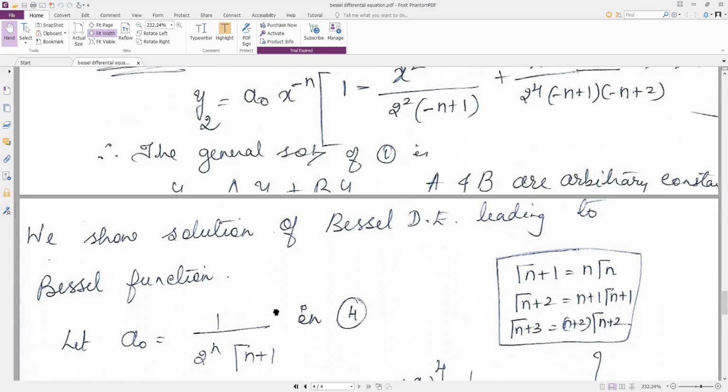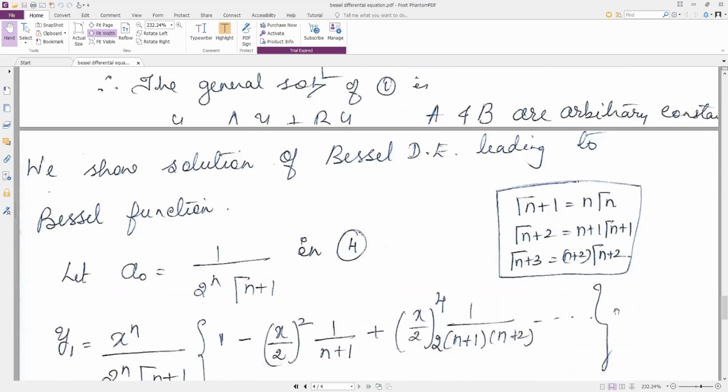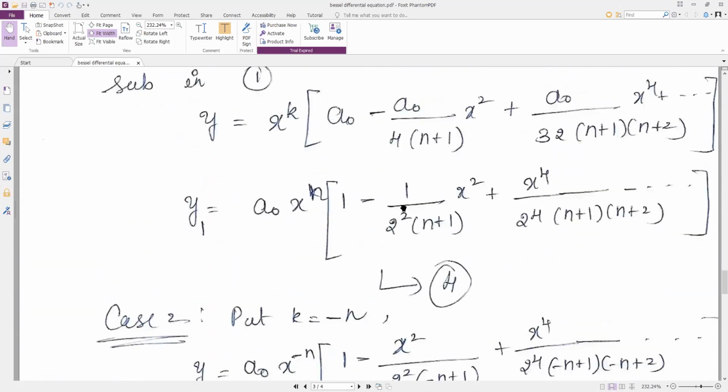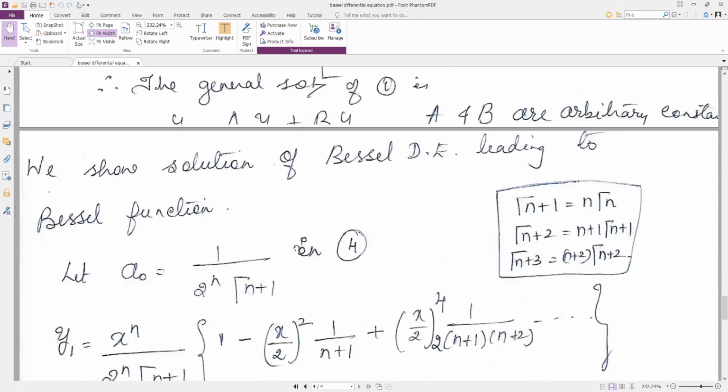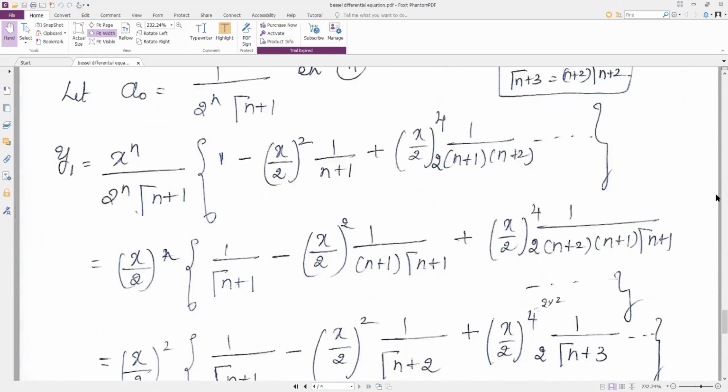This you need to remember, 1 by 2 to the power n gamma n plus 1. Gamma you have seen in the last semester, right? Gamma n plus 1. You know these relations. Gamma n plus 1 is n into gamma n. Gamma n plus 2 means n plus 1 into gamma n plus 1. So what I'll do is put a naught value as this.